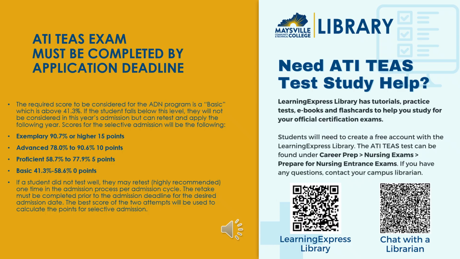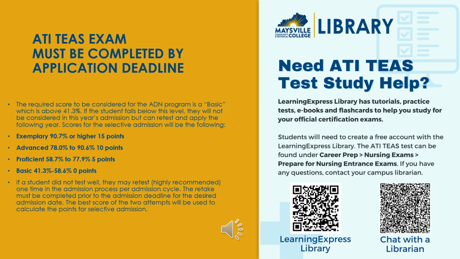To have your application complete, you have to have completed the ATI TEAS exam by the application deadline, which is March 1st. So as we talked about in the point sheet for the selective admissions, the required score to be considered for the ADN program is a basic score, which is above 41.3%.